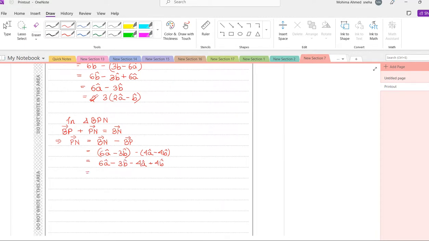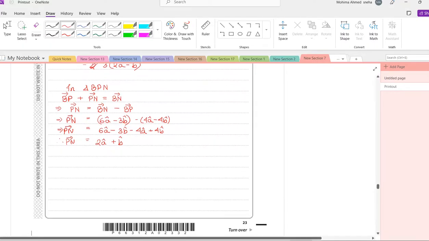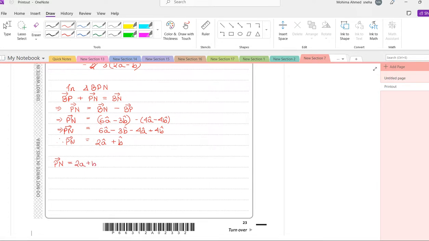So 6A minus 4A is 2A, and minus 3B plus 4B is plus B. So we can see that PN is 2A plus B. We have our other values as well. PN is 2A plus B. The other 2 values to prove that O, N and P are collinear are OP and ON.